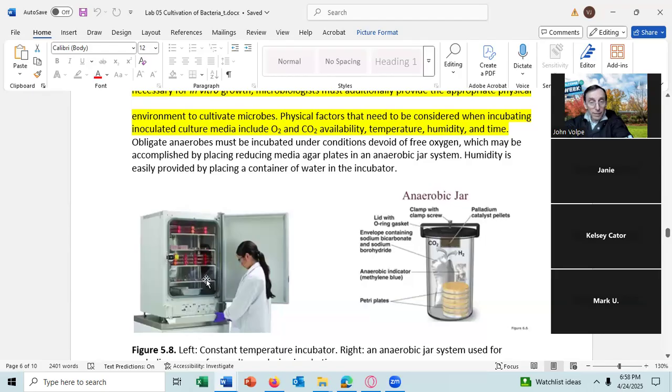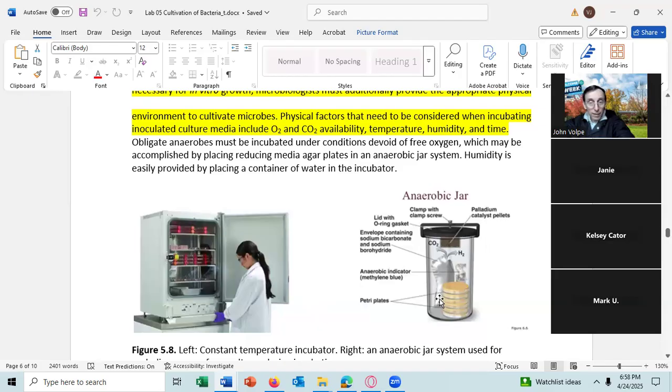So you'd put either nitrogen or carbon dioxide in the incubator. And with an anaerobe, because they'll be sensitive to oxygen, when you open up the incubator, oxygen would get in. You'd probably want to grow the anaerobes in an anaerobic jar, which seals. And then when you open the incubator, the plates will still be anaerobic.